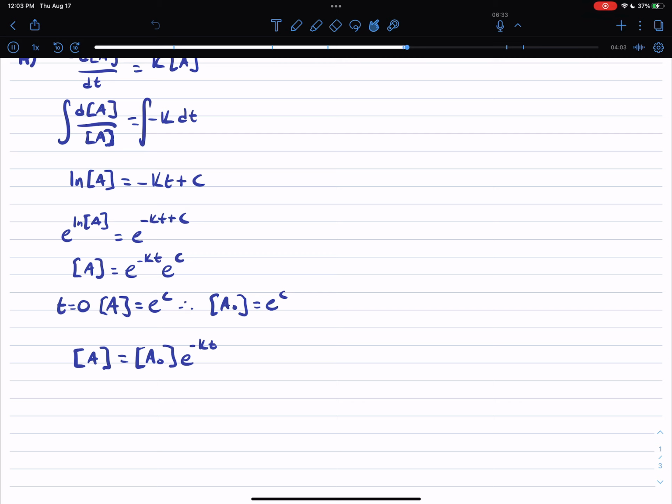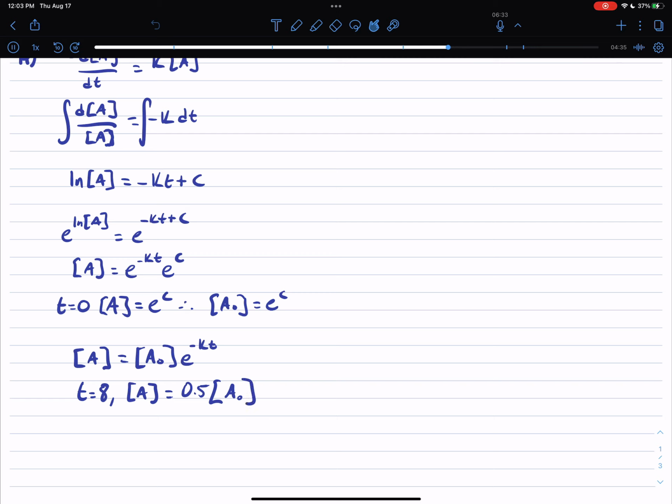So now we can use this equation to find K based on the information provided in part A. So we already know that T is equal to 8 and A is equal to 0.5 A naught. So let's just write that out. T is equal to 8 in this problem, and our A value, remember, is half what our initial concentration was.